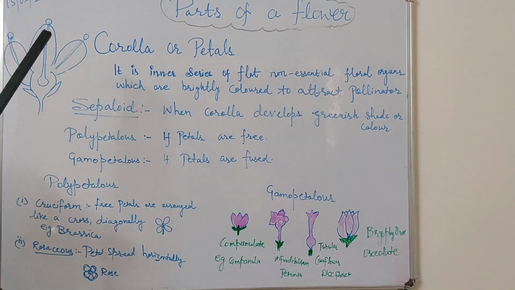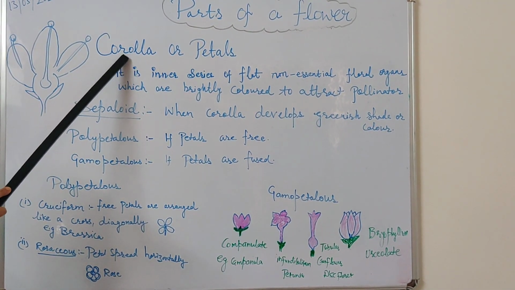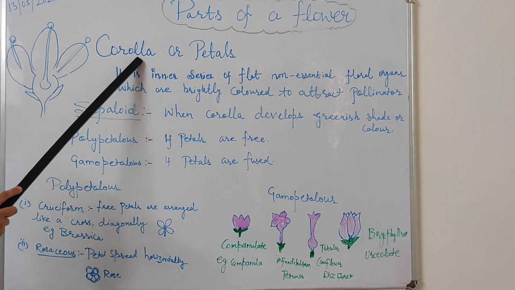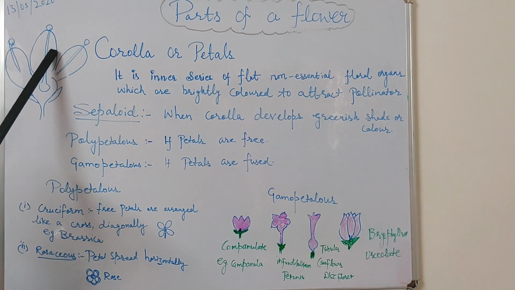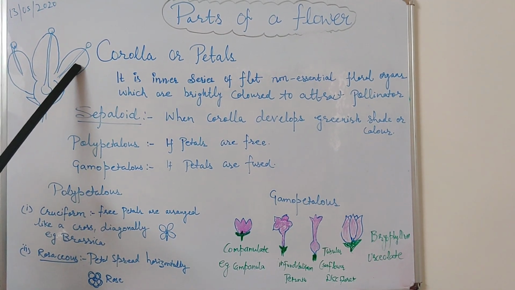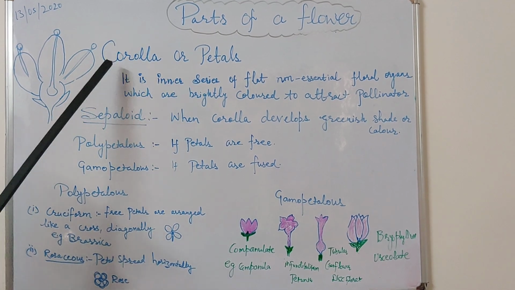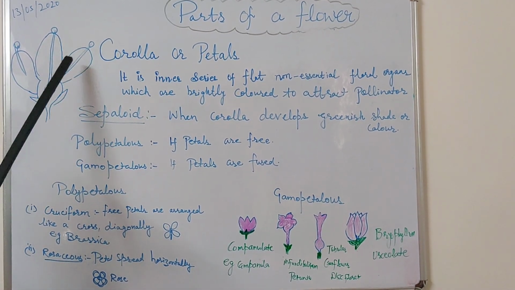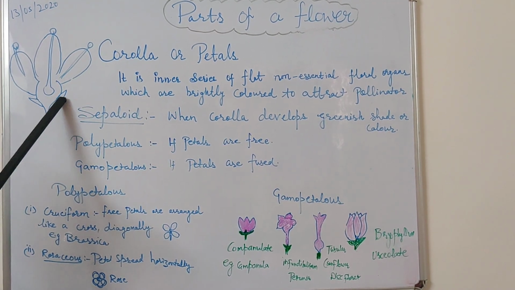The second non-essential whorl or part of the flower is corolla or petals. The colored part of the flower is called petal, and collectively petals are called corolla. What is corolla? It lies inner to the sepals.